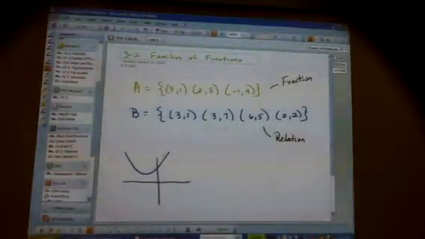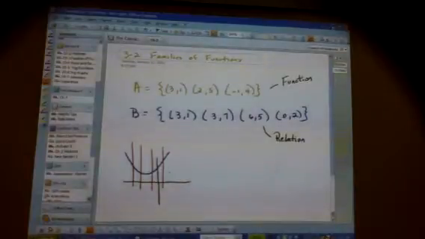Yeah, that's where you imagine, or you're welcome to do the actual drawing of the vertical lines, but you can do it just in your mind's eye. You're picturing vertical lines going anywhere you want to put them on this graph, and if every vertical line touches the graph only one time, then that means that is a function.